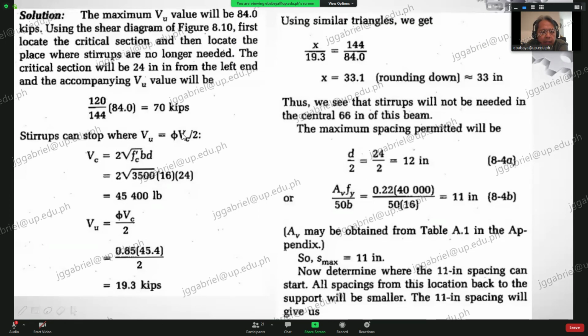But we have to identify what is the value of Vu at that region, where purely Vc, or the shear capacity given by concrete, is multiplied by phi, the reduction factor, which is 0.85, and then it is divided by 2. It is divided further by 2.